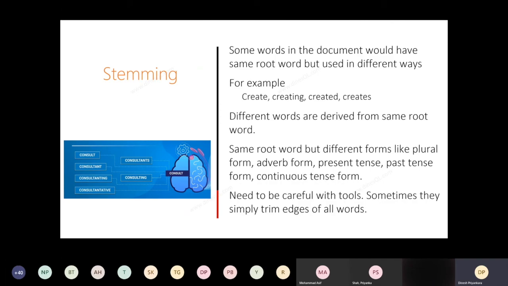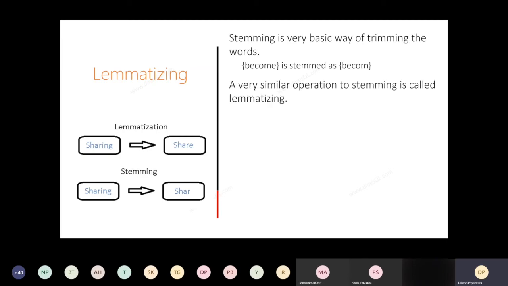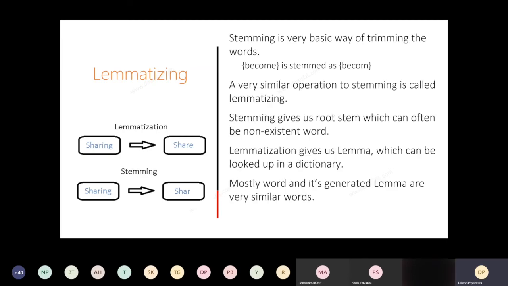Sometimes stemming results in words that do not actually exist in dictionaries. For example, the next one talks about lemmatizing, and it has an example. In the first statement, you might end up with a word like "become", which has only 5 letters, like BECOM, if you use stemming.